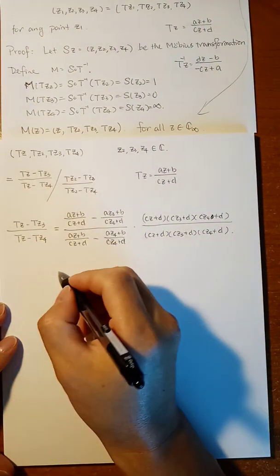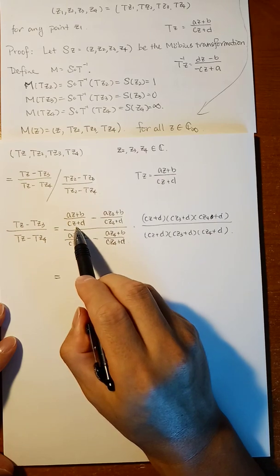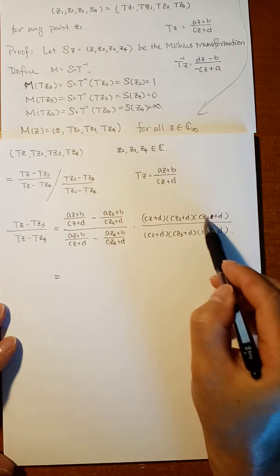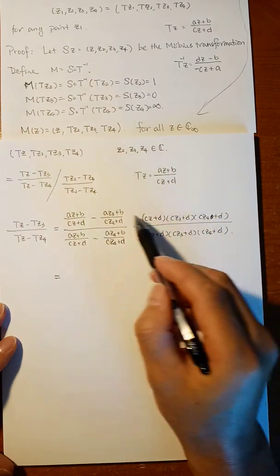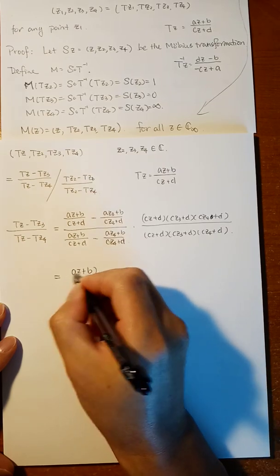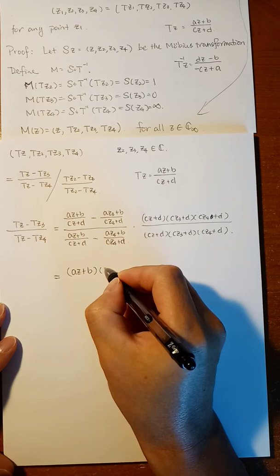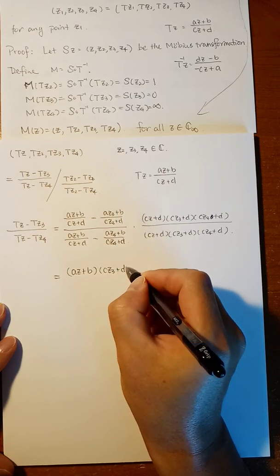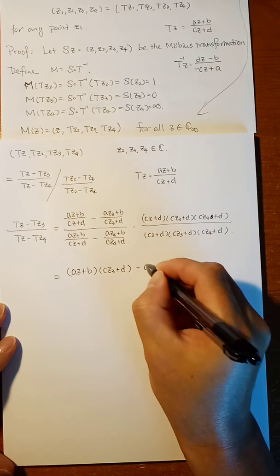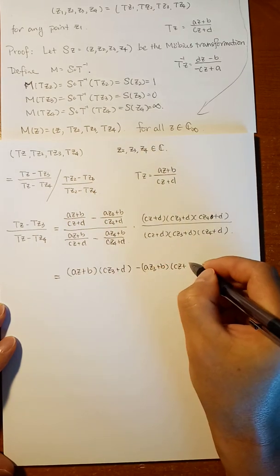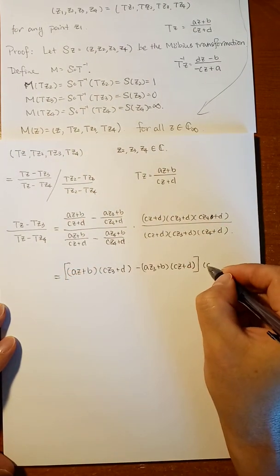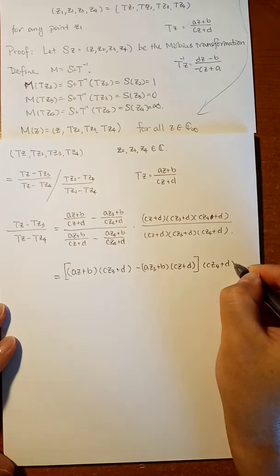All right. Okay, after we cancel the denominators, we have cz3 plus d, cz4 plus d. But actually this cz4 plus d will appear in the first and second term, so we will keep it as a factor. So it's (az plus b)(cz3 plus d) minus (az3 plus b)(cz plus d), and this difference times (cz4 plus d), right?